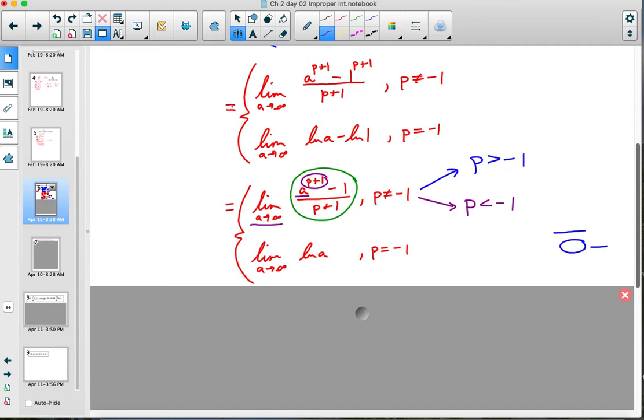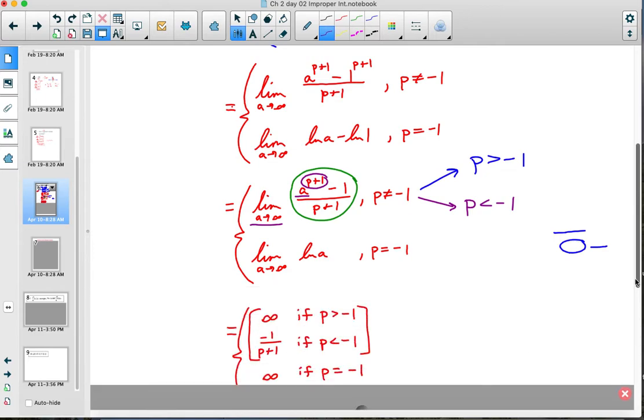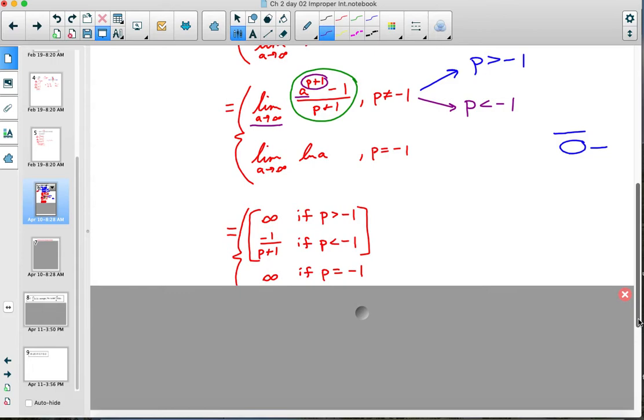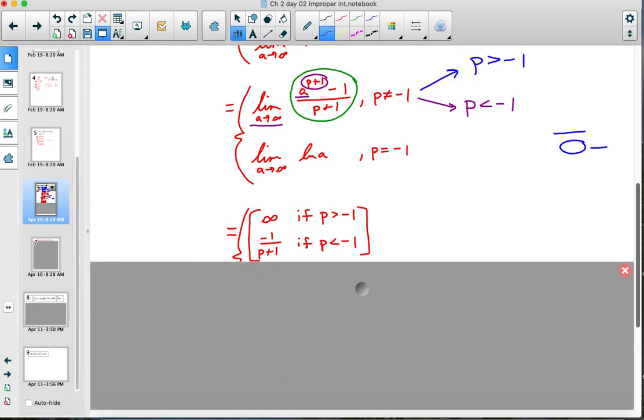So that's actually giving us a fraction that's getting smaller and smaller and closer to 0. And then we have minus 1, and then all over p plus 1. So what's happening in these two cases is we're going to get either infinity when p is greater than negative 1, or we're going to get the fraction negative 1 over p plus 1 if p is less than negative 1.